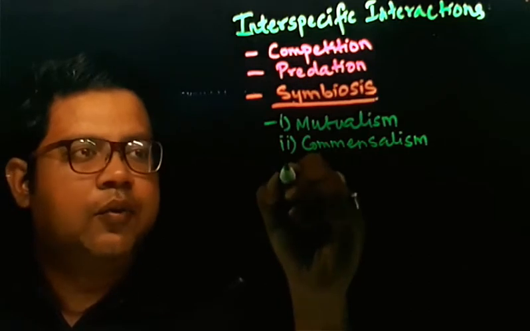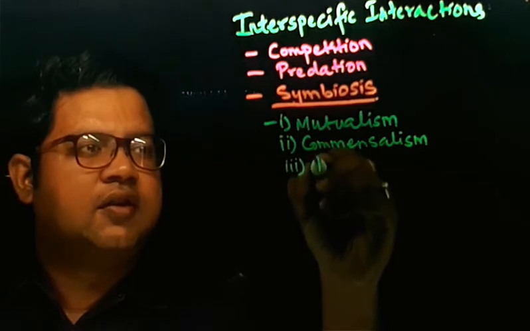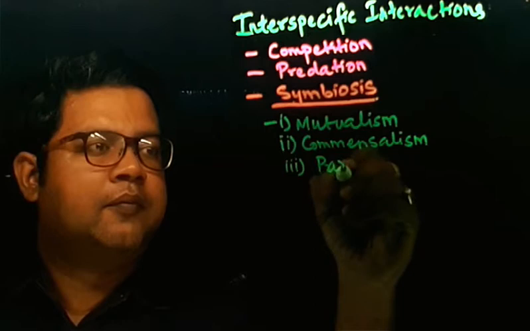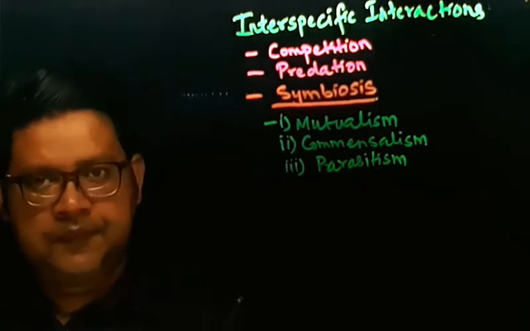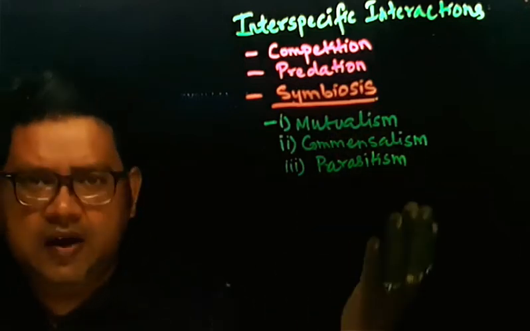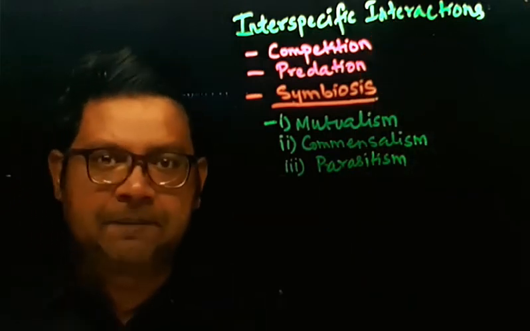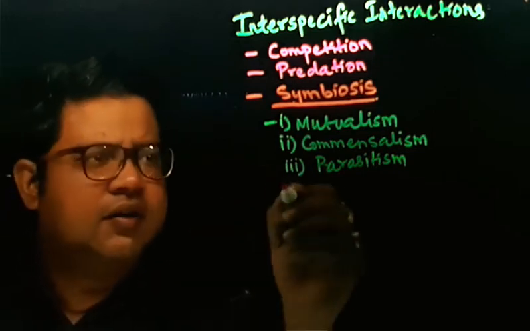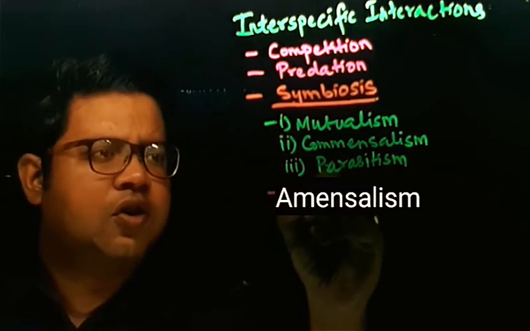And then we will come to our important topic, which is parasitism. These are the three types of symbiotic behavior: mutualism, commensalism and parasitism. With this, I will also explain one more type of interaction, which is called amensalism.